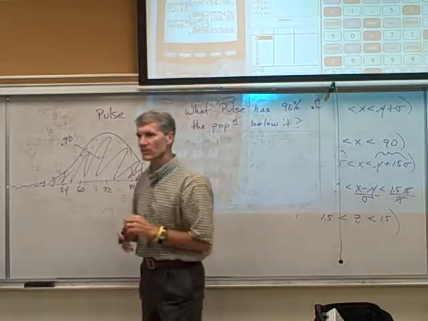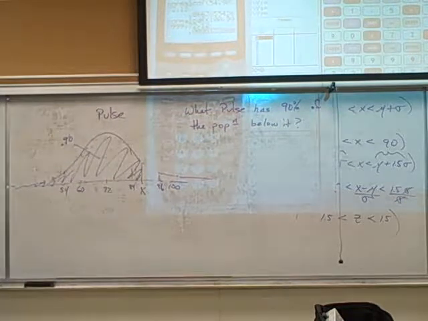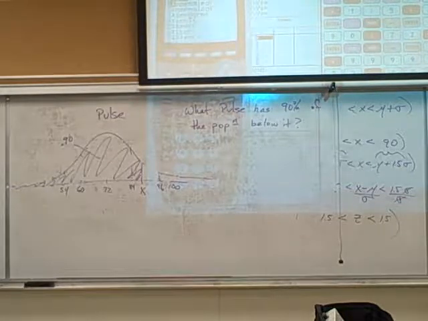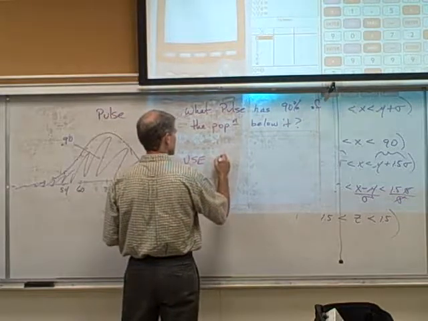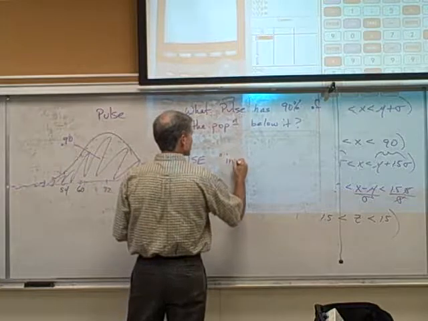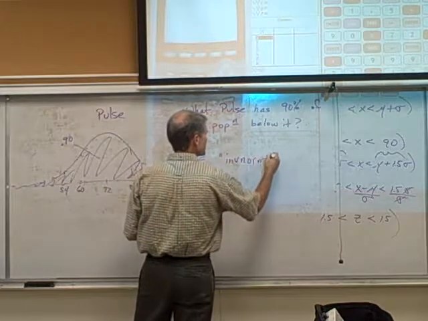So go back to your second var, your distribution, and the inverse norm function, the third one down. Inverse norm. The inverse norm function needs 3 arguments.